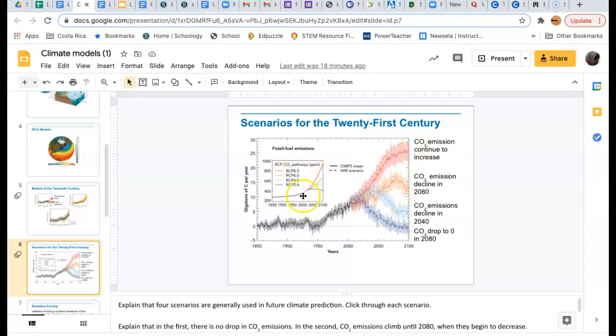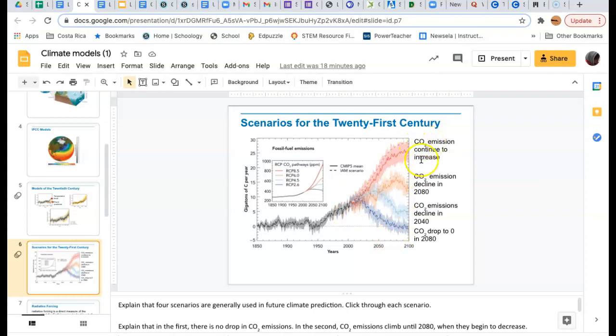All right, and then there are 4 different scenarios. In one scenario we stop emitting carbon dioxide right away. In another scenario, we stop emitting carbon dioxide in a few years, like 2040. In another scenario, we stop emitting carbon dioxide in 2080. And in the other, we just let things roll. We do not change what we're doing. We just keep doing what we're doing. So let's look at what this looks like.